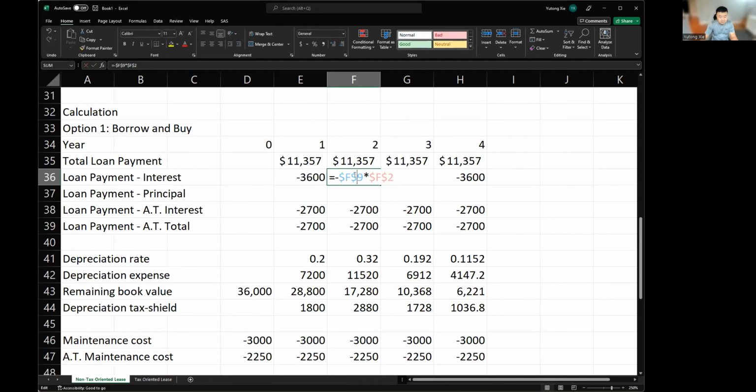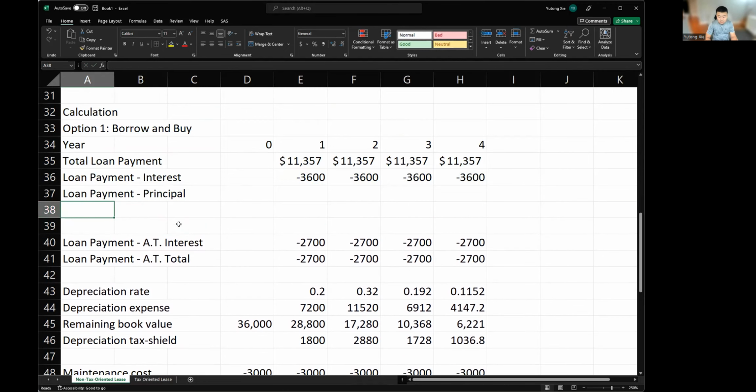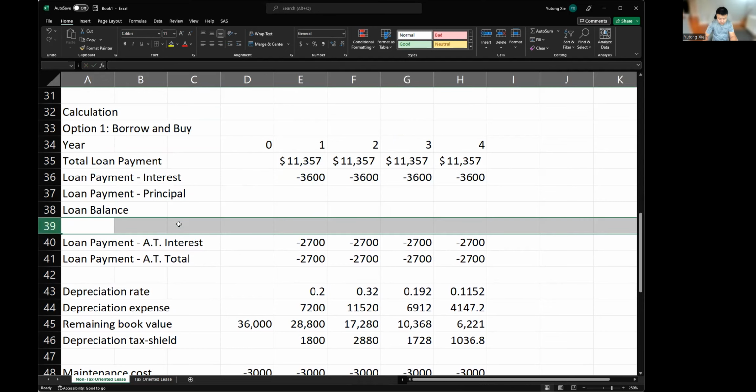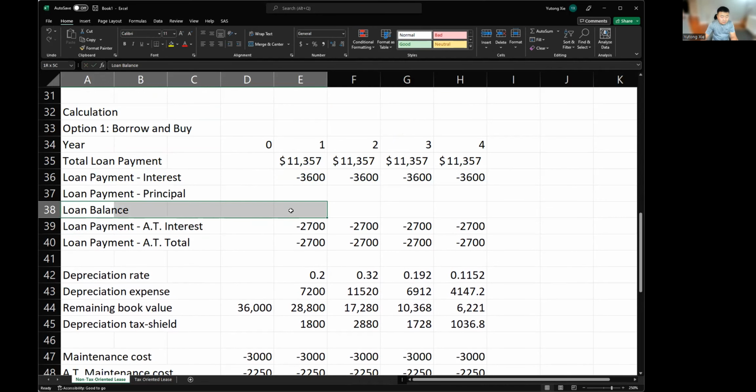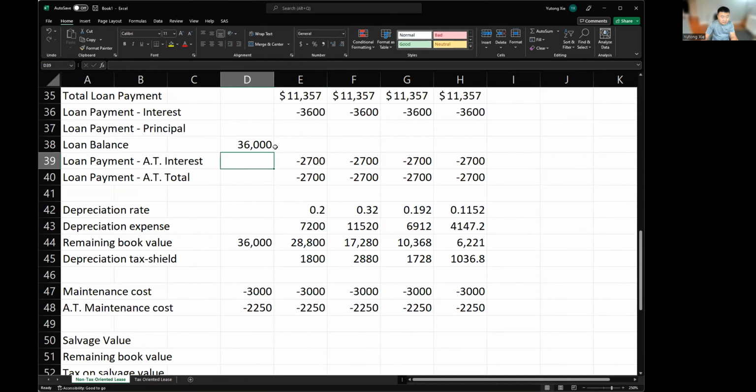But in the amortizing loan, the principal should decrease, so the interest should also decrease. So what can I do? I have to have a running row to keep the balance of the loan. In year 0, the balance should be 36,000, right?